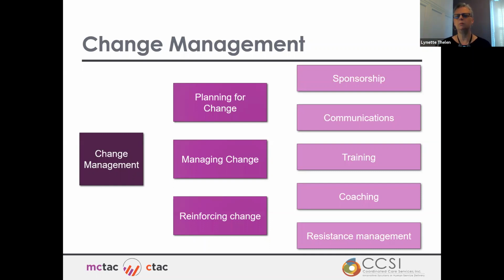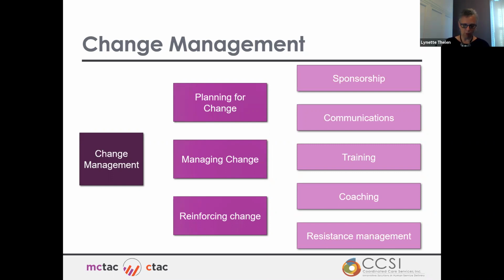In terms of the main components, some of the important things to keep in mind are sponsorship. So do you have some sponsorship for your quality improvement cycle? Do you have somebody in leadership that is kind of leading the charge and supporting that effort? That's going to be hugely important to the success of your activity.